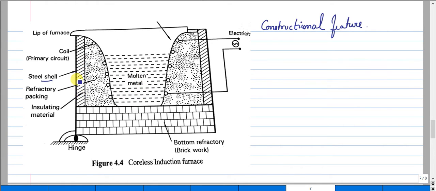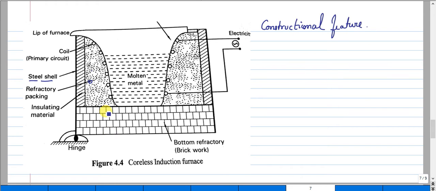So this is a steel shell, and we have a refractory packing, which will avoid the heat escaping, so that is why we are using this refractory packing. You can use sand, or here you can also use brick as a refractory packing.